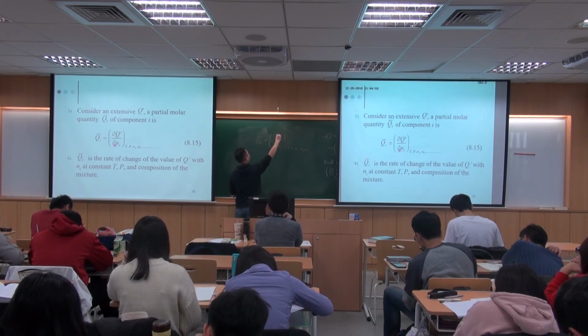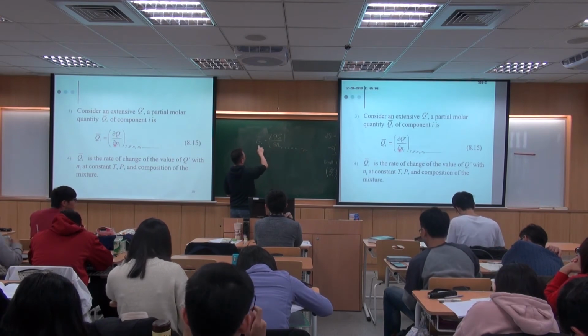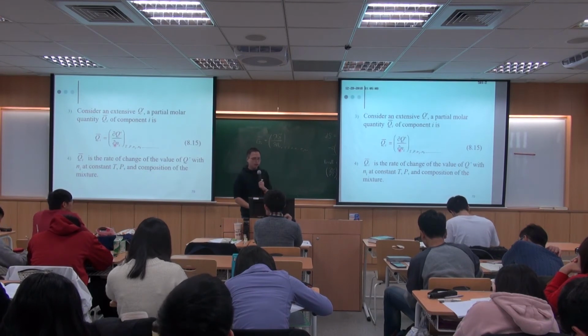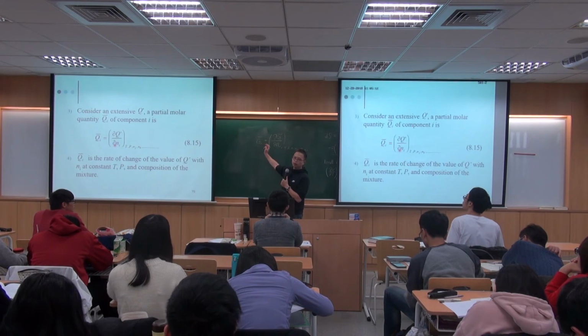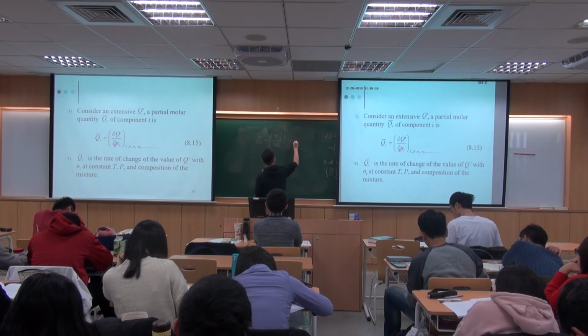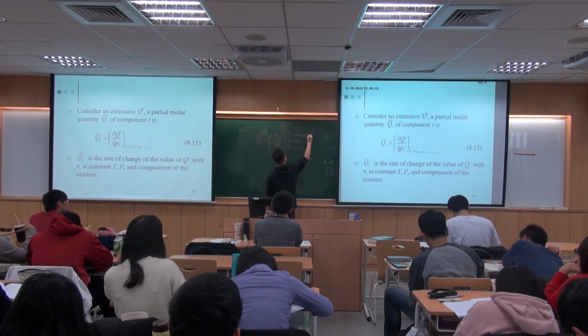So this is the derivative of the total Gibbs free energy over partial Ni, and that will give you the partial molar Gibbs free energy of that certain component, right? This is just one example, and previously we know that this is the same as the chemical potential of that certain species.